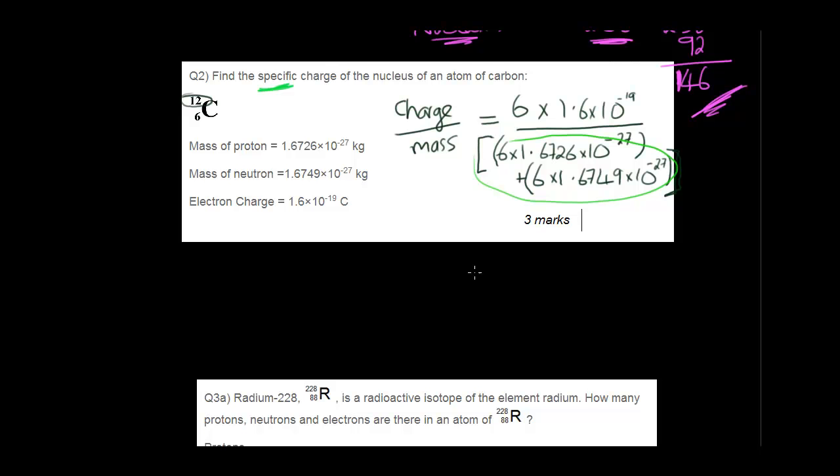6 times 1.6726 times 10 to the minus 27, plus open bracket 6 times 1.6749 times 10 to the minus 27, close bracket, equals.